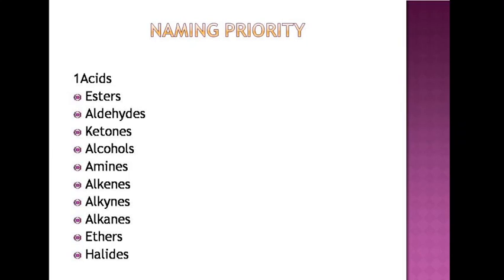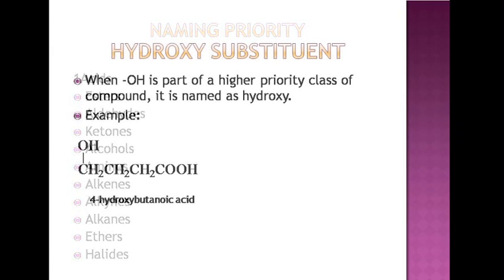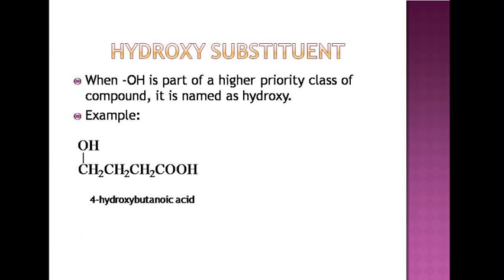If an organic compound contains both acid and alcohol functional groups, the acid group gets the first priority over the alcohol. And when amines or alkenes are present along with alcohol, amines or alkenes get lower priority than the alcohol.